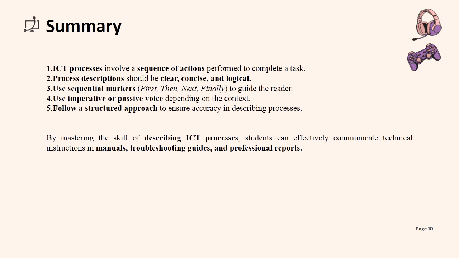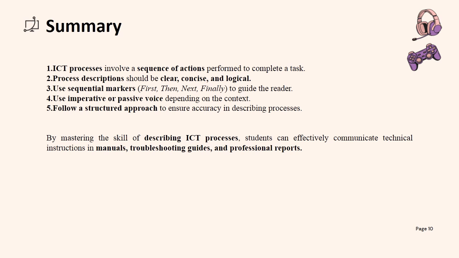Two, process descriptions should be clear, concise, and logical. That is to say, we have to be clear, using only the necessary information, and logical. That is to say, we need to give the appropriate and right order using the appropriate verb form. Okay?